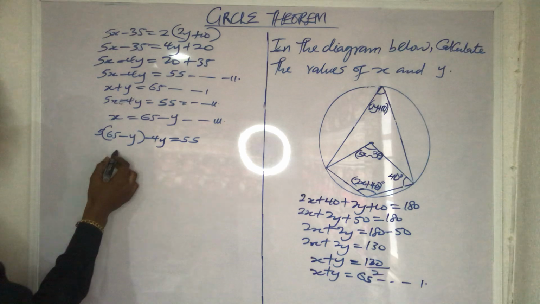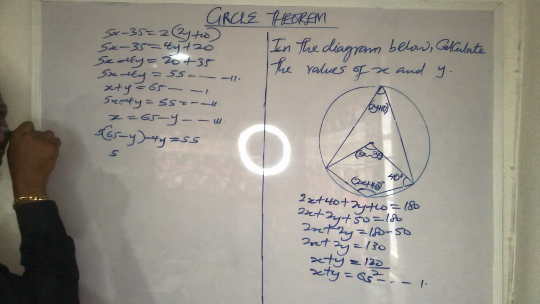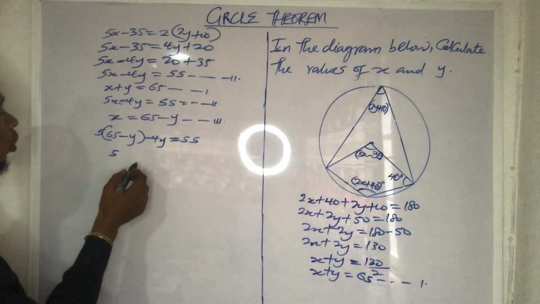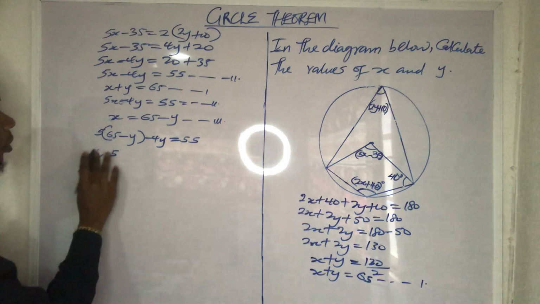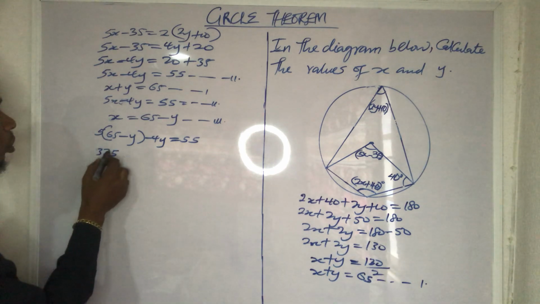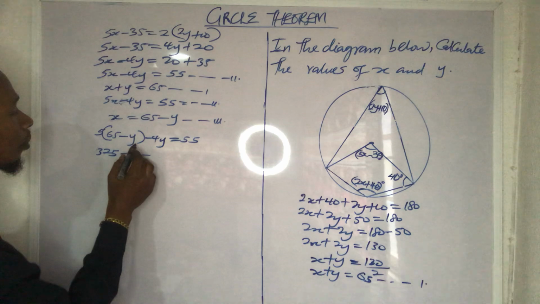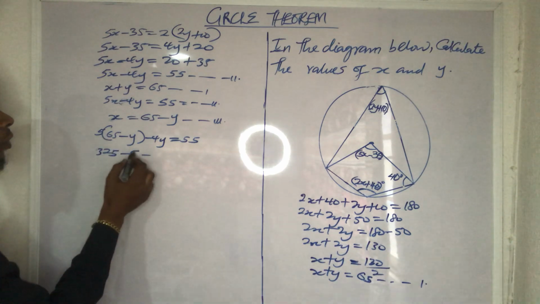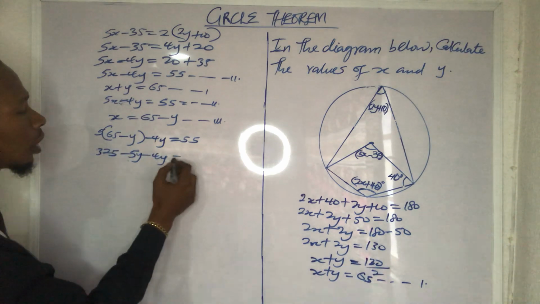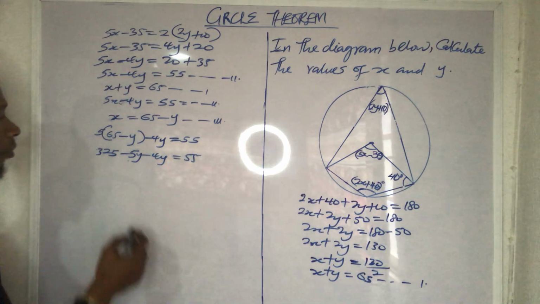5 times 5 here is 25. 5 times 6 is 30 plus 2, that's 32. So 5 times 65 is 325. Minus y, minus 5y. 5 times y is minus 5y. Minus 4y is equal to 55.